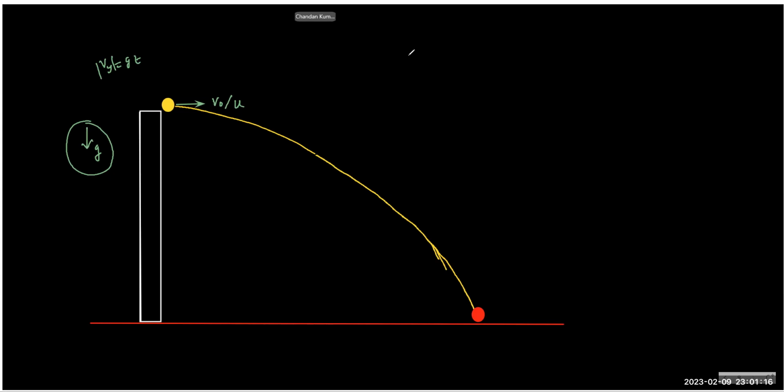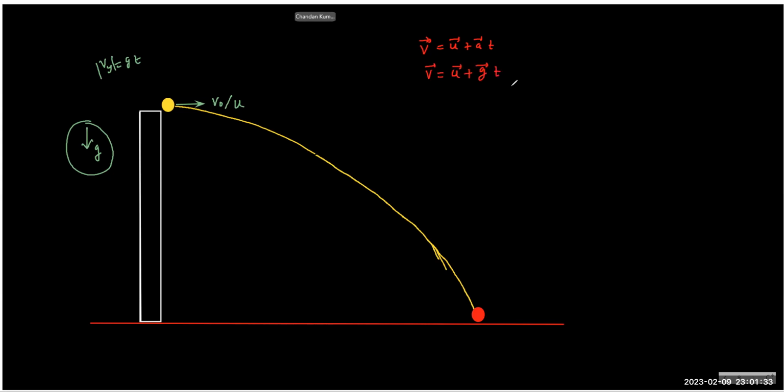Now, if you look at the formulas of kinematics in vector form, we have V equals U plus AT. I have discussed this already. I will change this to V equals U plus GT here.